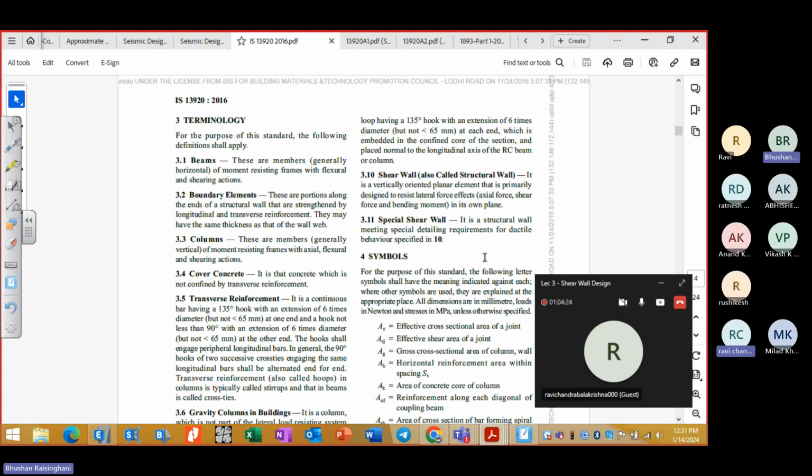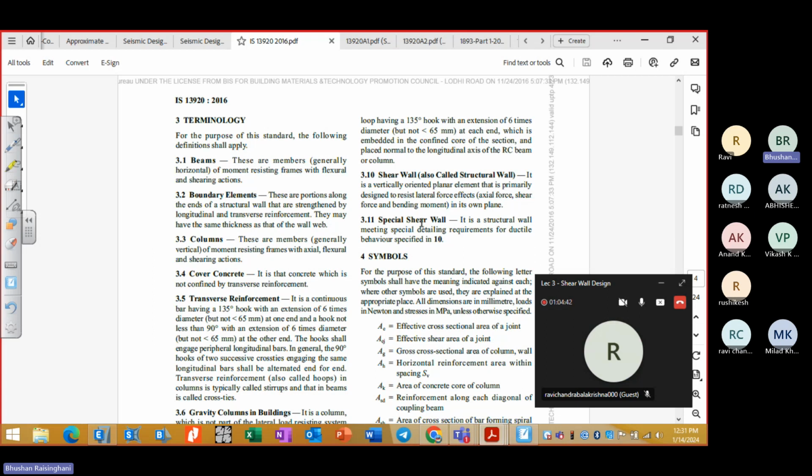Okay, so going ahead. It is basically a shell element which takes the axial force, shear force, and bending moment in its own plane, not out of plane, that I explained with that particular sketch.